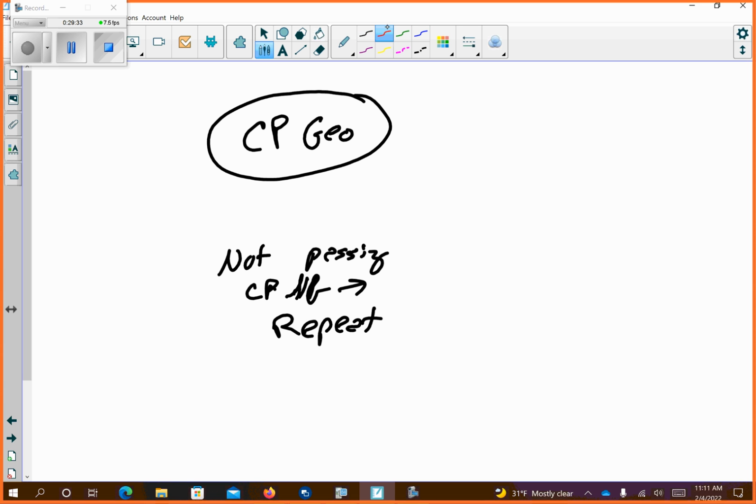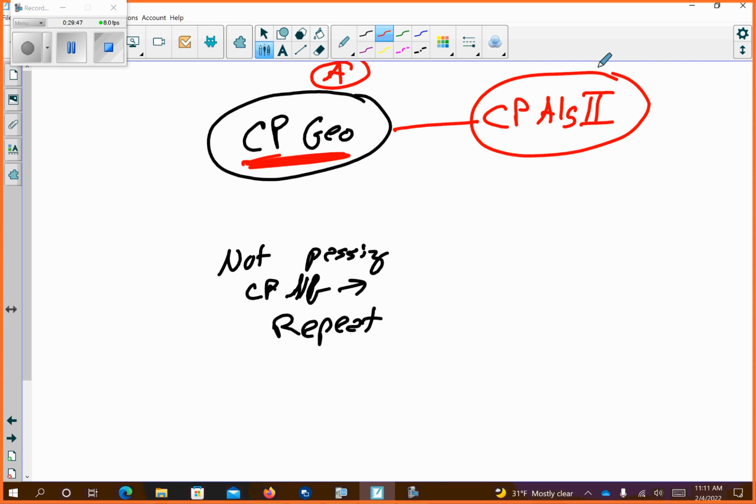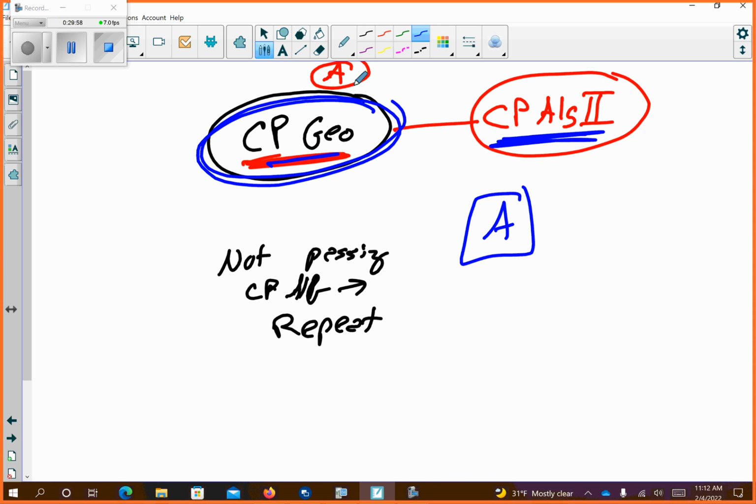Some of you, if you happen to earn an A with me first semester, this is a definite. If you earned an A, you can also, if you would like, sign up for CP Algebra 2. So if you earned an A with me first semester, and I'll talk to you individually if that was you, I will sign off for both of these, meaning you have to take this as a minimum.